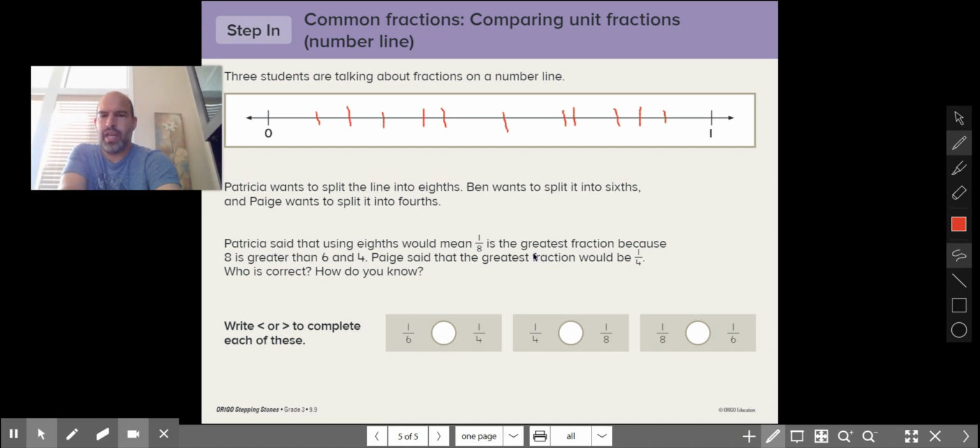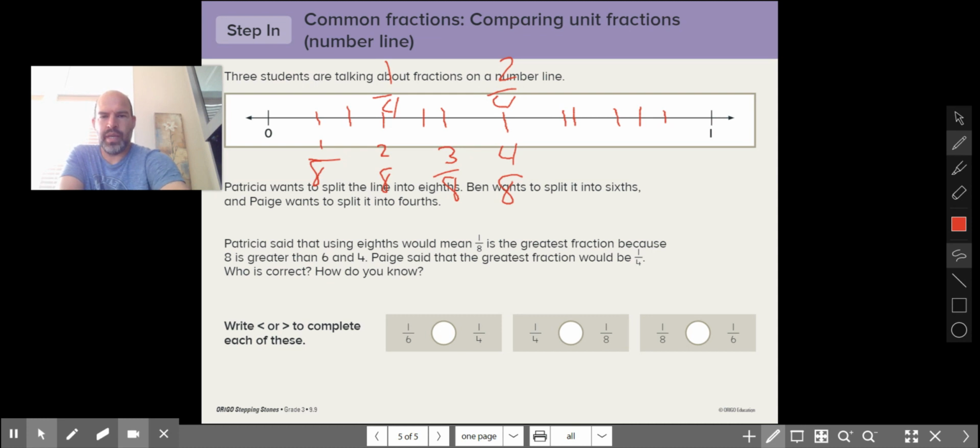So this here would be 1/8, and this would be 2/8, also as 1/4. Okay, this would be 3/8, 4/8, also as 2/4.